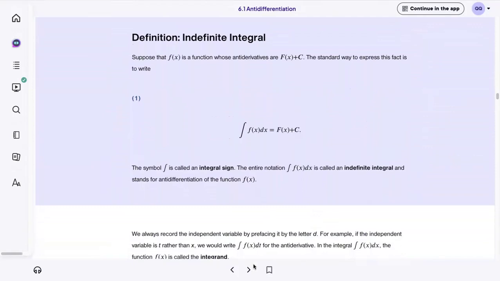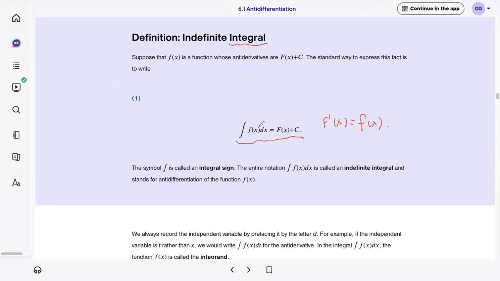Now, we define something called the integral. The integral is defined as such: F prime of x equals f of x.